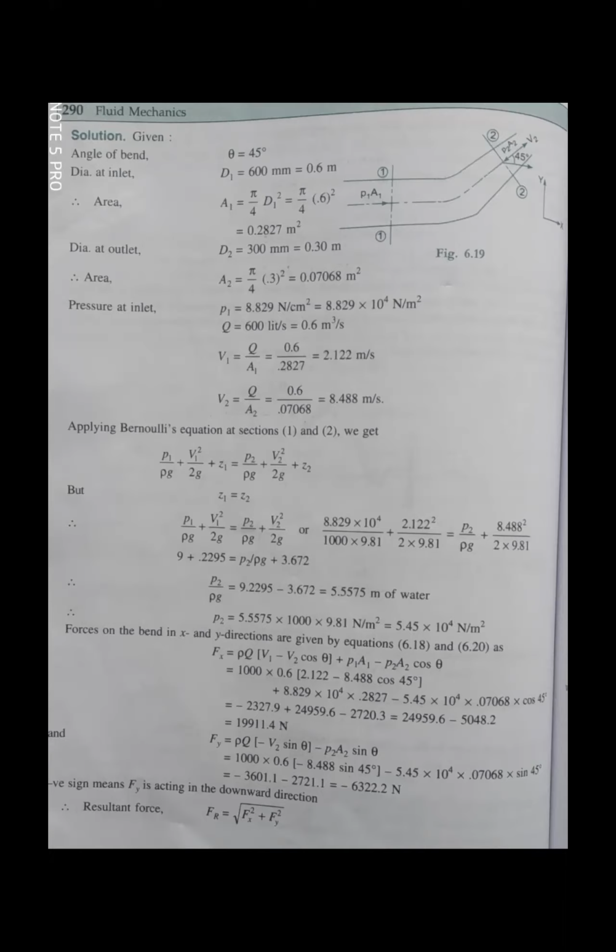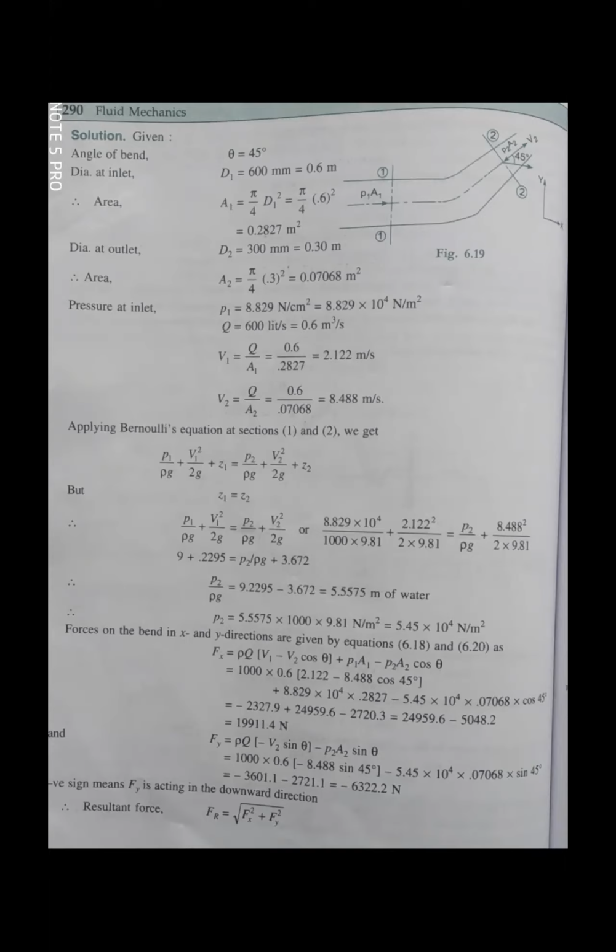In Bernoulli's equation, section 1 is taken at the inlet of the bend and section 2 at the outlet of the bend. In the incompressible ideal Bernoulli's equation applied here, Z1 equal to Z2 is written.